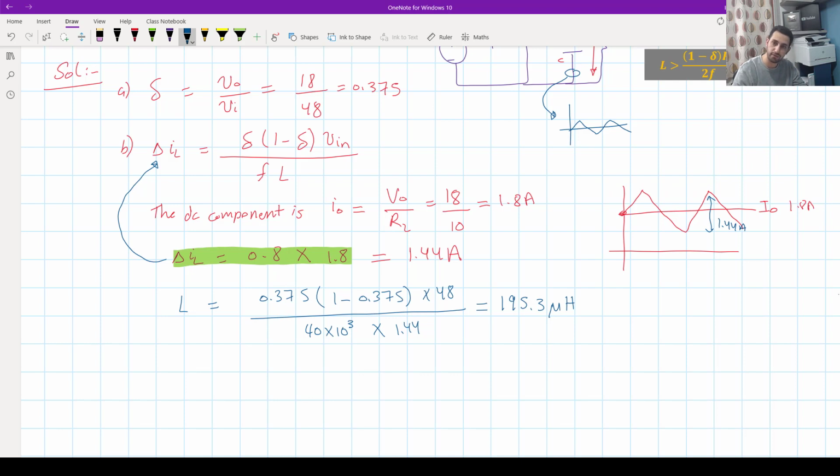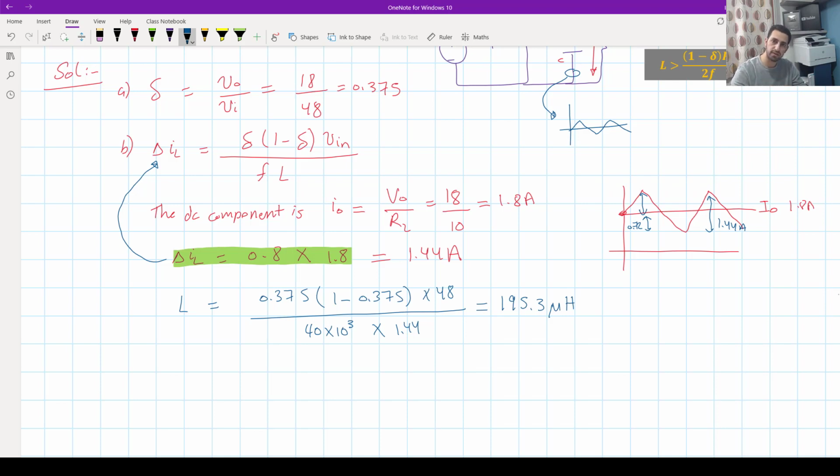That means half of that, which is 0.72 ampere, is from here to there, and the other half from there to there. That means it doesn't reach the zero. That means we are in continuous conduction mode if we supply the 1.8 ampere.